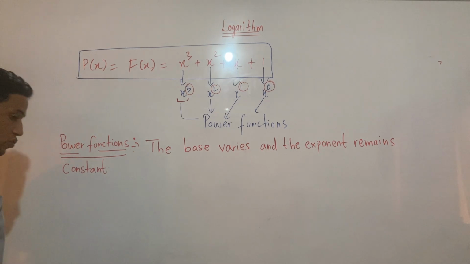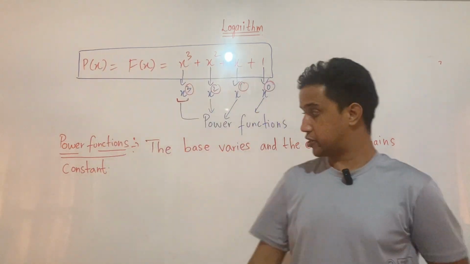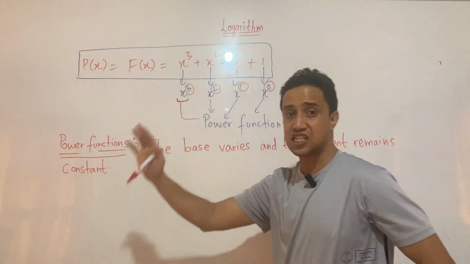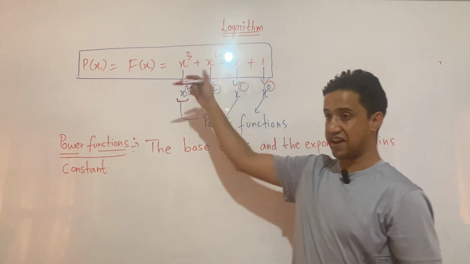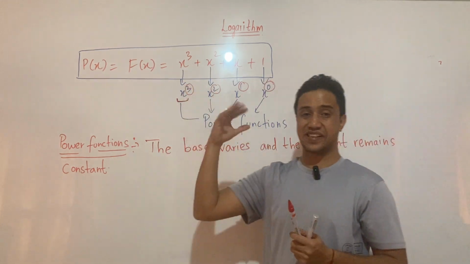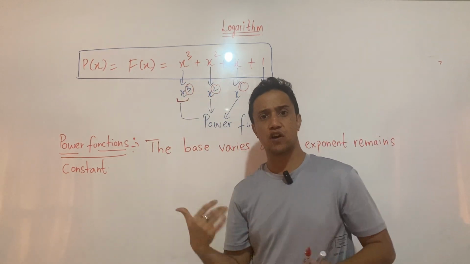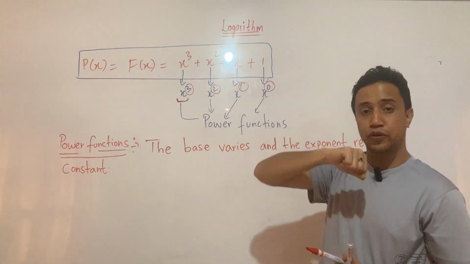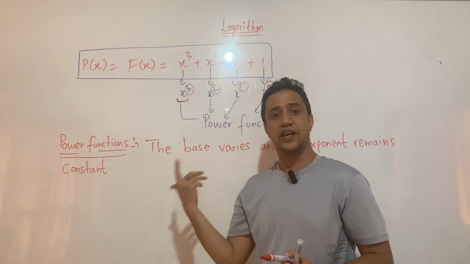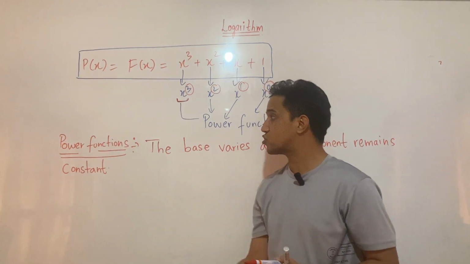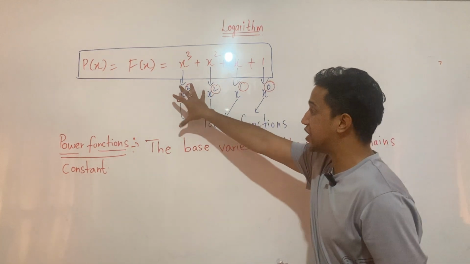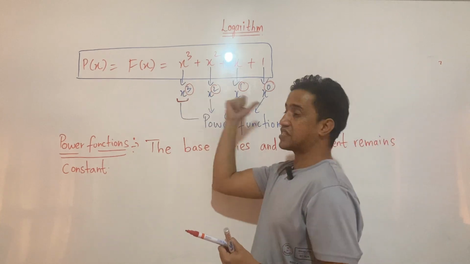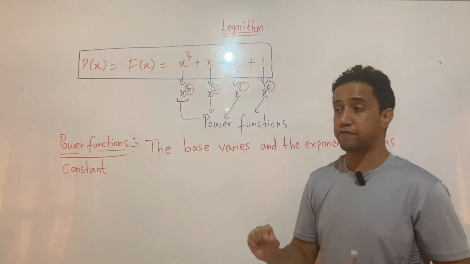In power functions, our base is variable, meaning that the base can take different values of x, but the exponent part will stay constant. That's why we call these types of functions power functions.